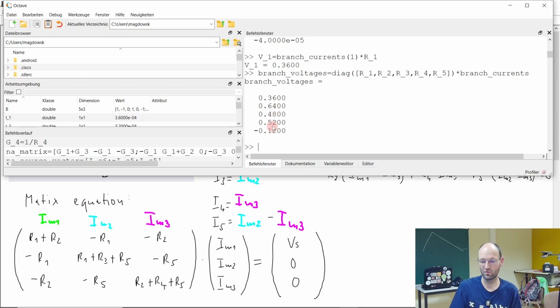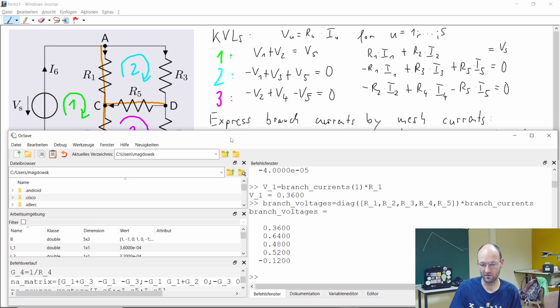The third and the fourth voltage together give 1 volt, and the difference between this and this is the difference between, let's take a look at the circuit, the difference between 1 and 3. So the difference between these two is this one, and the difference between these two here, the 64 and the 52, is also 12. So it perfectly makes sense.